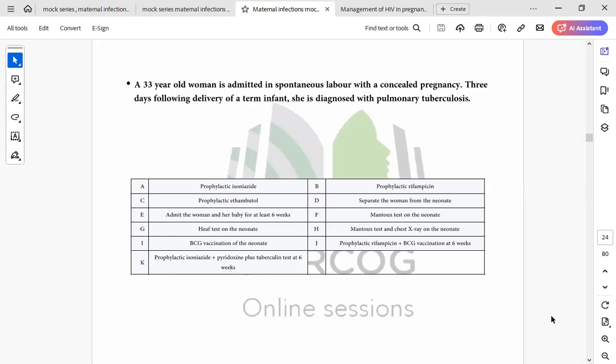I think they mean that she kept her pregnancy hidden. She is admitted in spontaneous labor, so she does not have any antenatal care. Okay, I'm having different answers. So let's see what's the answer.